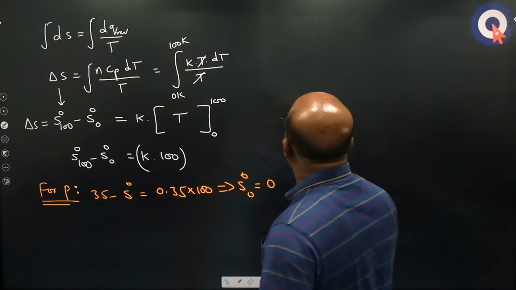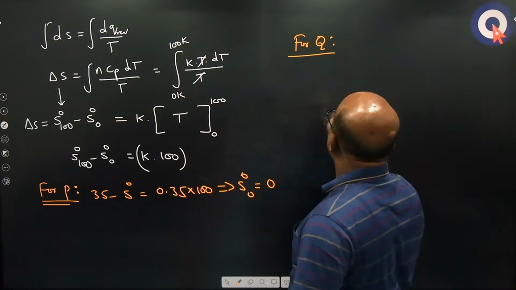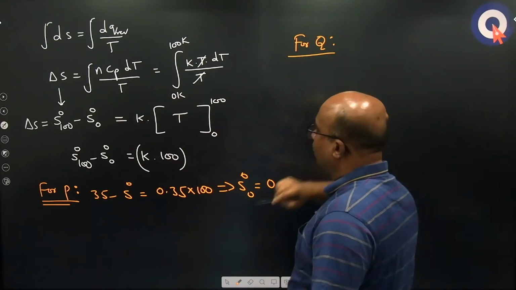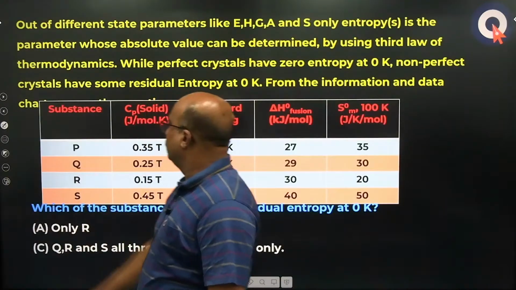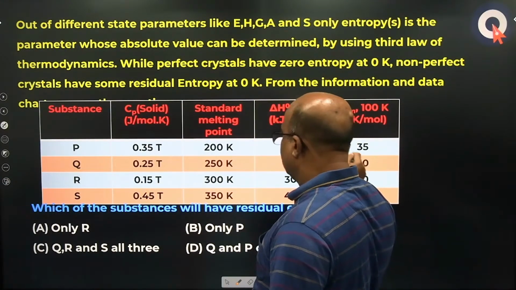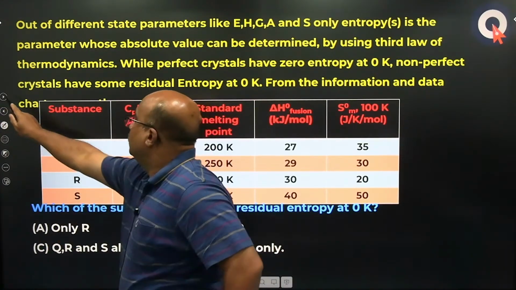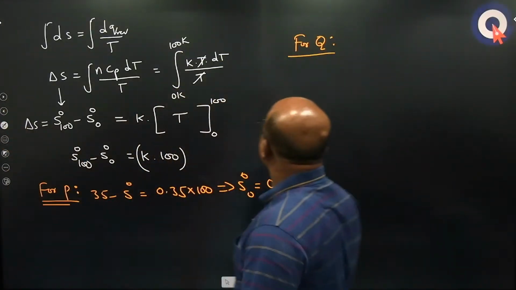But if you take Q, what do we see? The K value is nothing but 0.25. S naught at 100 is 30. So what is this now?